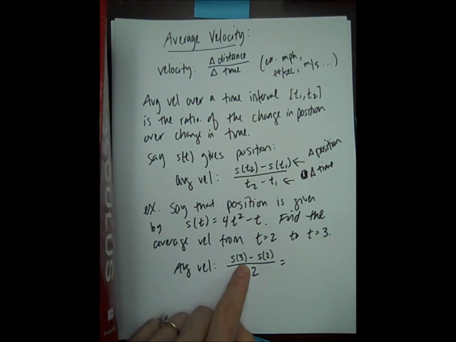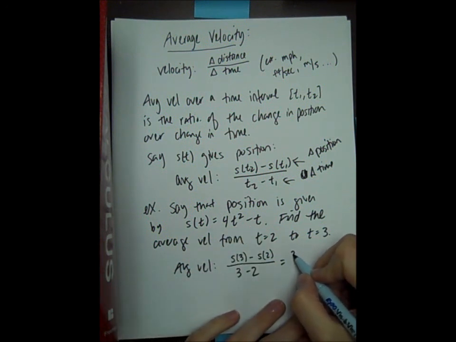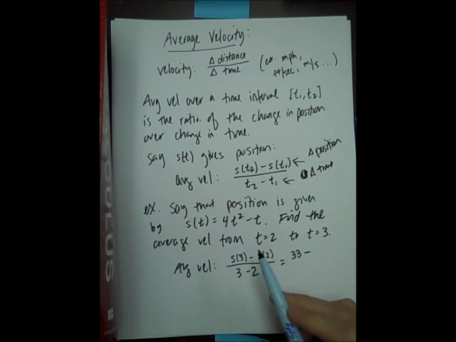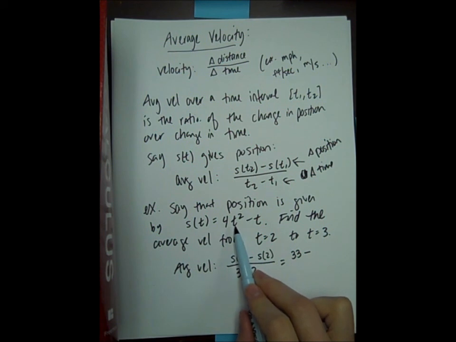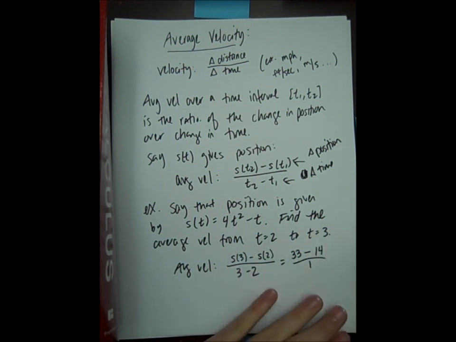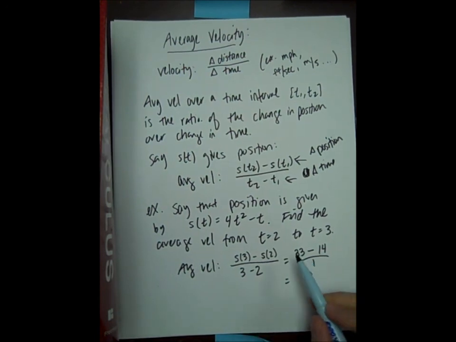If I plug 3 into my equation for S of t, I get 4 times 9, which is 36. 36 minus 3 is 33. Now when I plug in 2, I get 4 times 4, which is 16. 16 minus 2 is 14, over 1, which gives me 19. So the average velocity from t equals 2 to t equals 3 is 19.